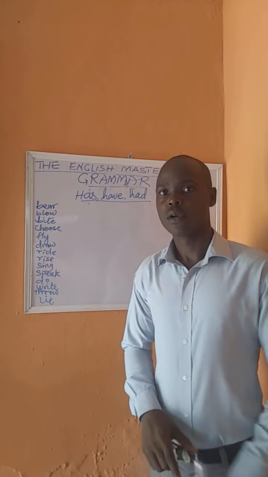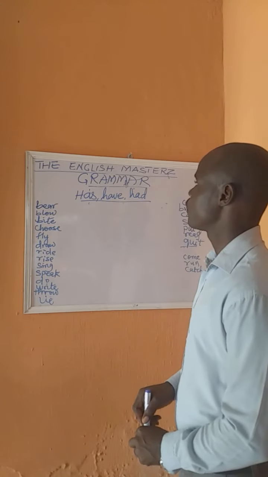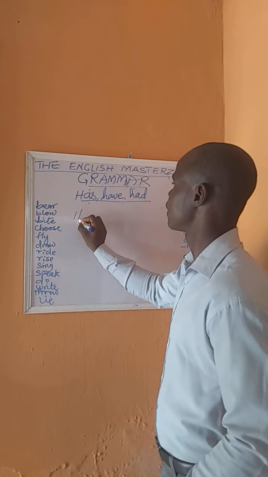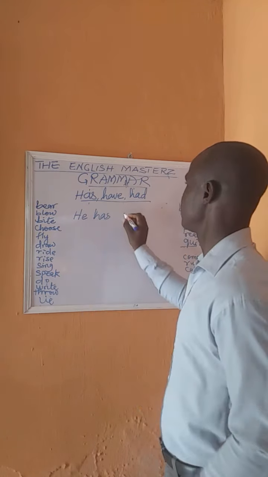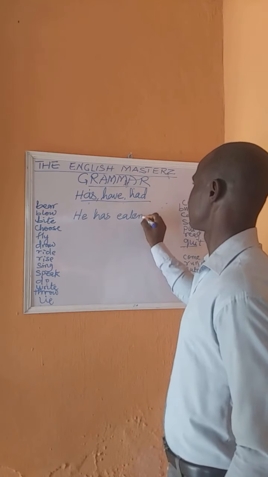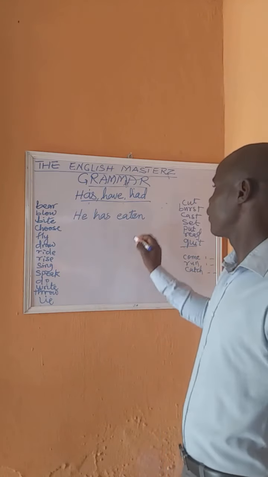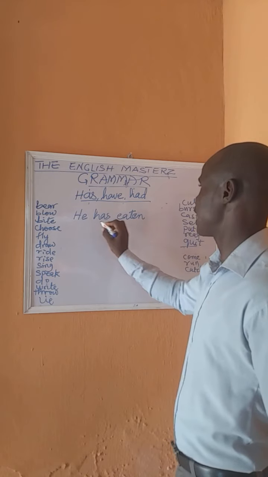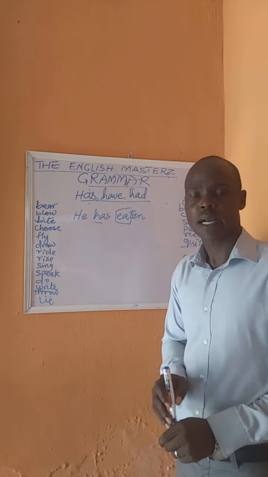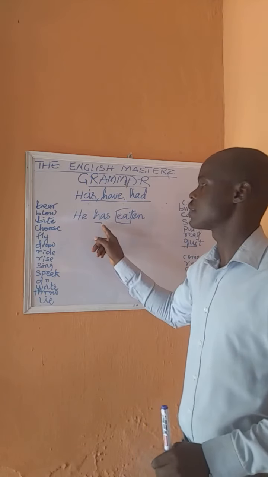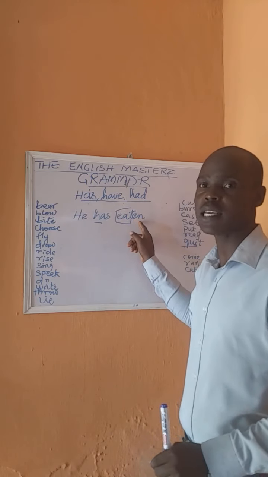Is it clear? Good. So, if we say that he has eaten. Now, the verb that appears after has is eat. But because of the presence of has, we decided to add en.